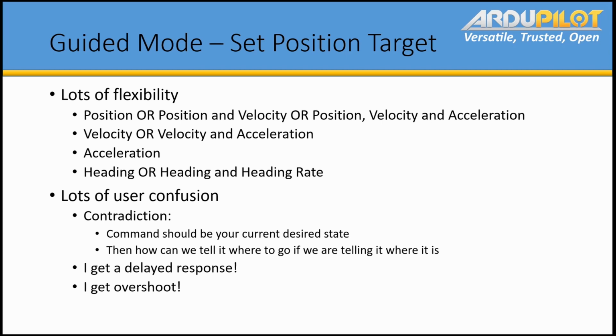Depending on what you're trying to do, you might use different commands, and you can switch between these commands depending on what you want to do. You might say, oh, I want to rate track this thing, and now I want to look back here. I don't care how you get there, I just want you to look here. So you can give a rate only command while you're tracking this thing, and then you can give a heading only command if you just want to look over there.